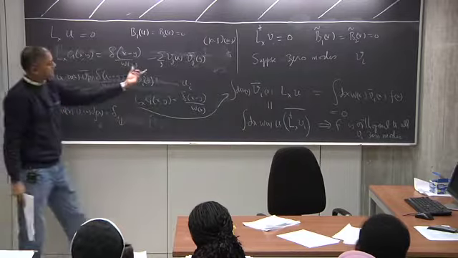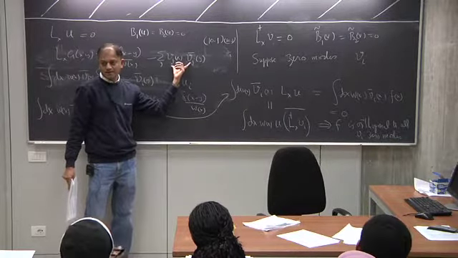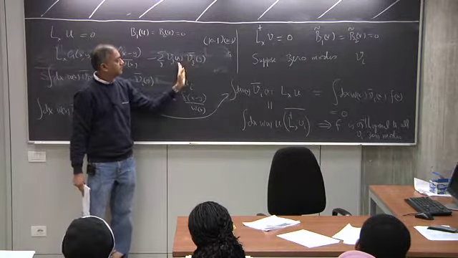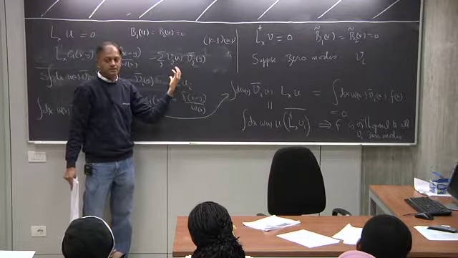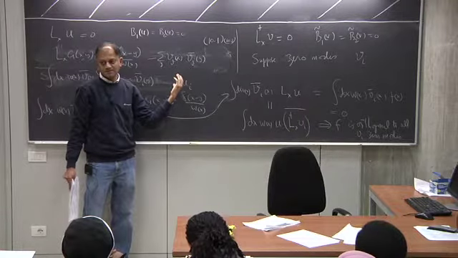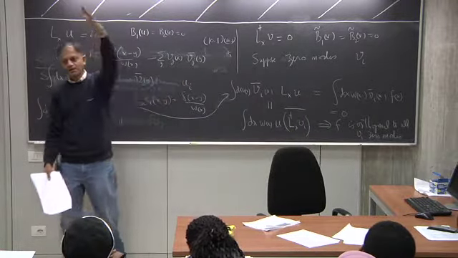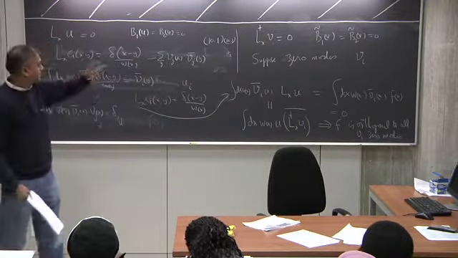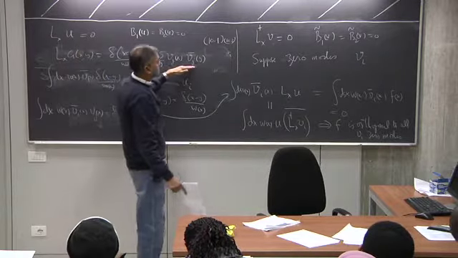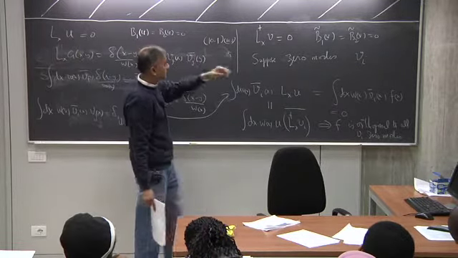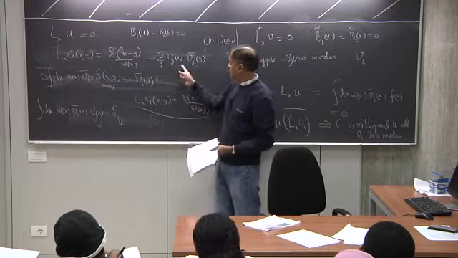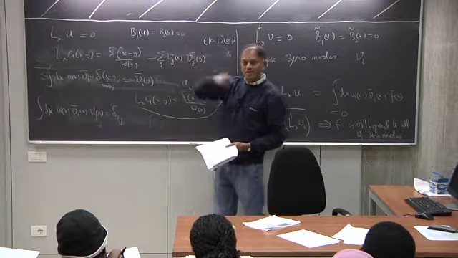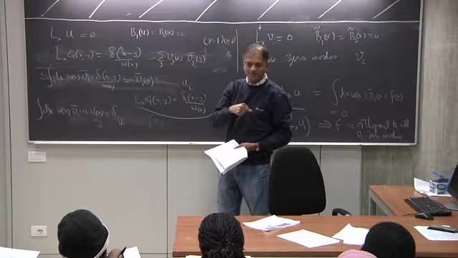Basically, this is actually a projection operator. When you apply this to anything, it projects it to the 0 mode space. You consider the full big space of the V's which satisfy these boundary conditions, and then when you apply this projection operator, it just projects onto the 0 mode subspace.